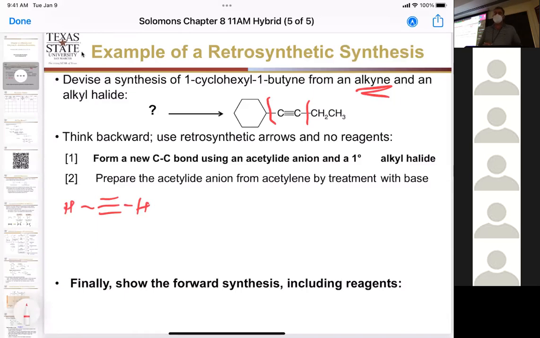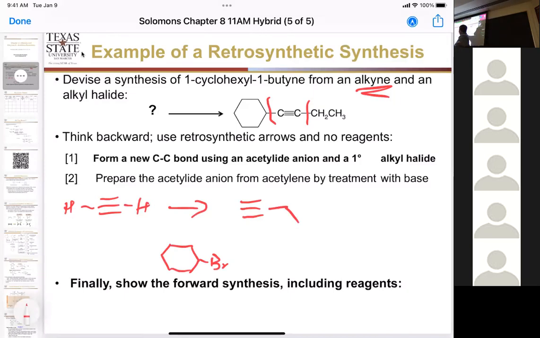acetylene. And so if we were to use acetylene, we could deprotonate that, turning it into the acetylide ion first. So we'd have to do that, and then we'd have to have something to make it have this ethyl group on it. And then we'd have to have something else to allow us to put our cyclohexyl on.